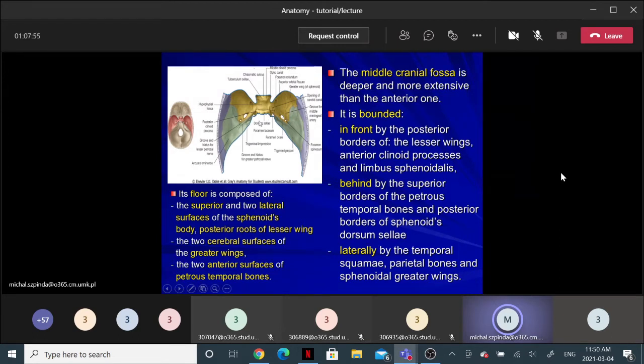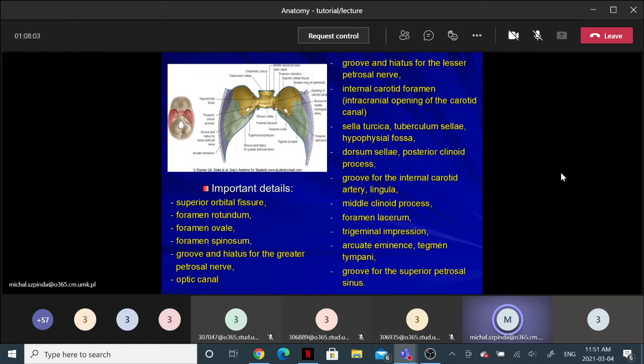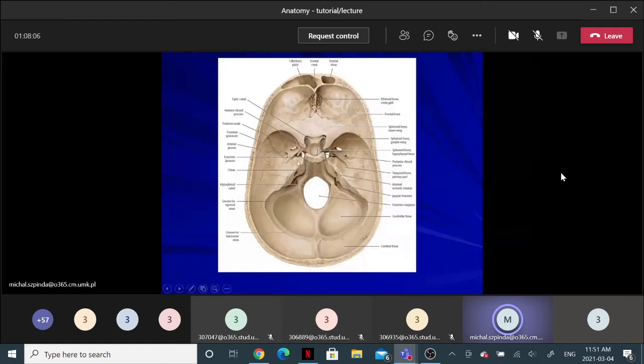Apart from this, as you can see, the apex of the petrous temporal bone does not join the sphenoid's body. Here is just an irregular area that normally in a living person is filled with cartilage. In macerated skulls, it presents an irregular foramen lacerum.